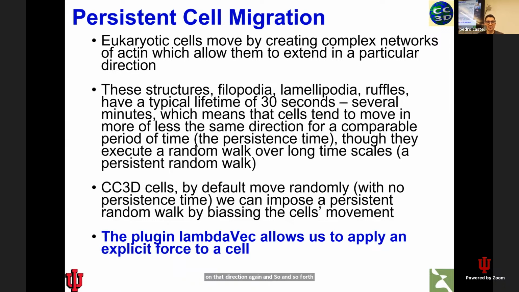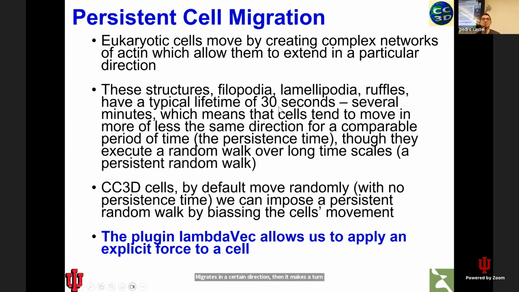So in the long scheme of things, the movement is diffusive, but if you look at the cell movement, you will see that it generally migrates in a certain direction, then makes a turn and migrates in another direction, and so on.